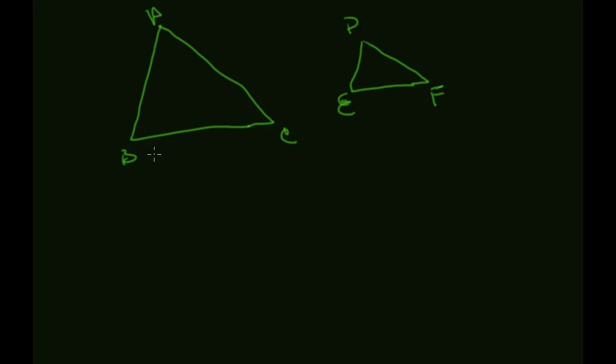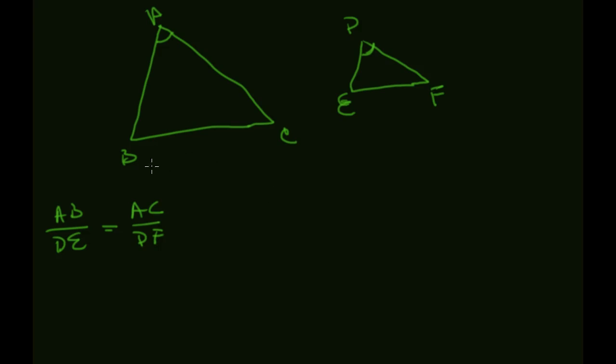We're going to know that AB is to DE as AC is to DF. We're also going to know that angle A and angle D are congruent. So I have this proportion, I have those angles. I want to prove that these two triangles are similar.